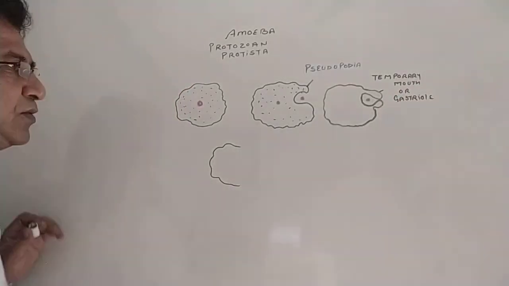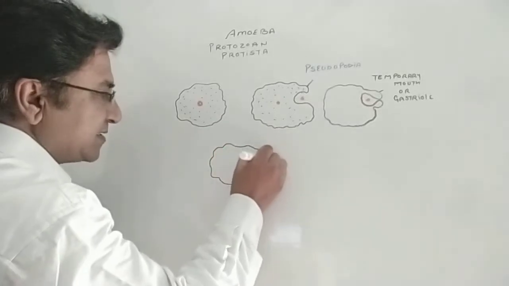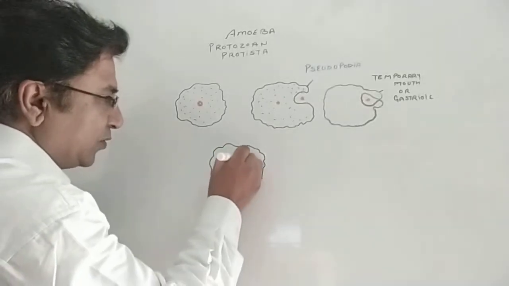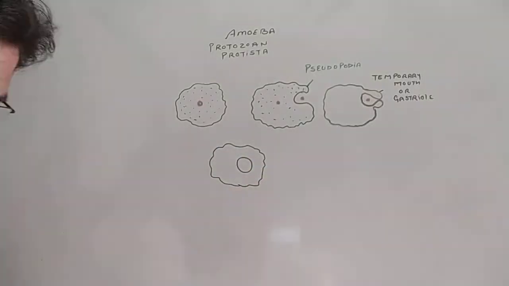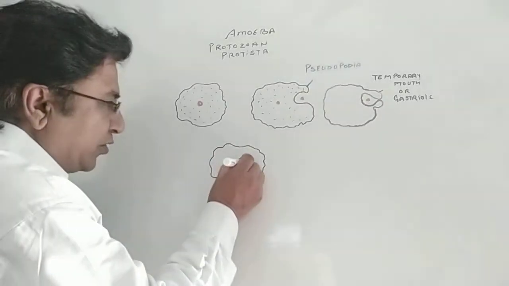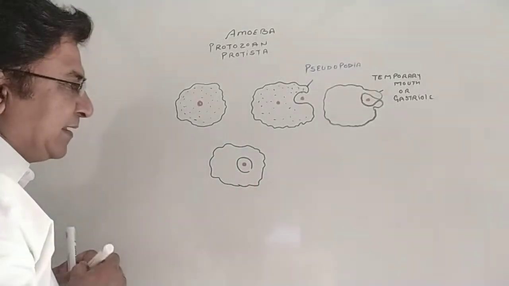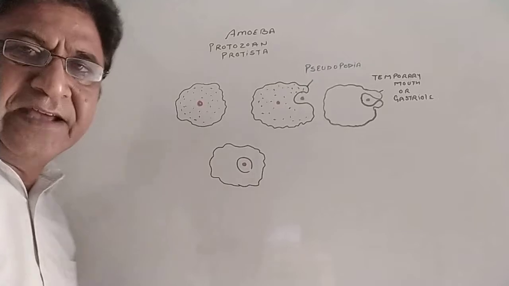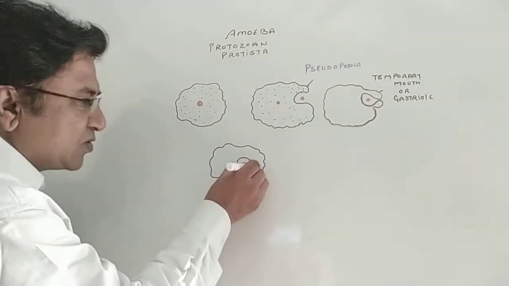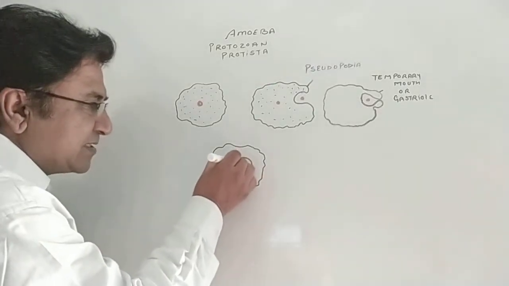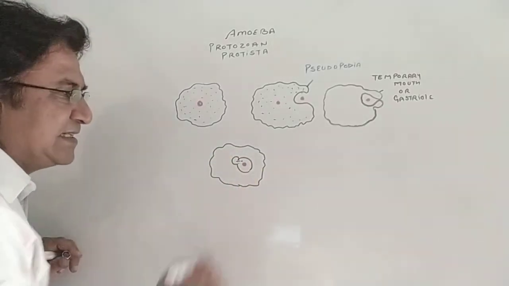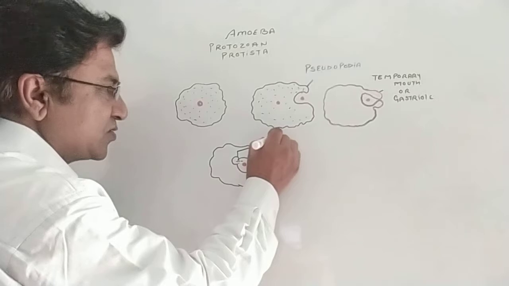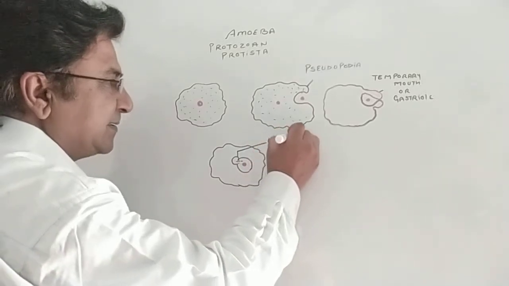Okay? Now this food material comes inside a vacuole, and you already have studied that every cell has lysosomes in it. The lysosome comes in contact with this vacuole and gives its hydrolytic enzymes.